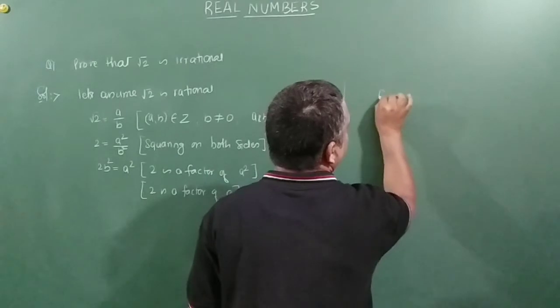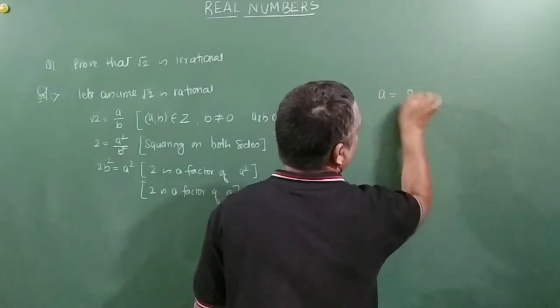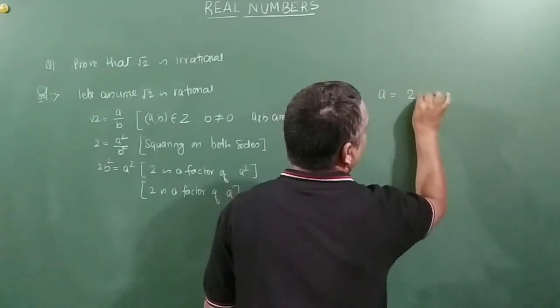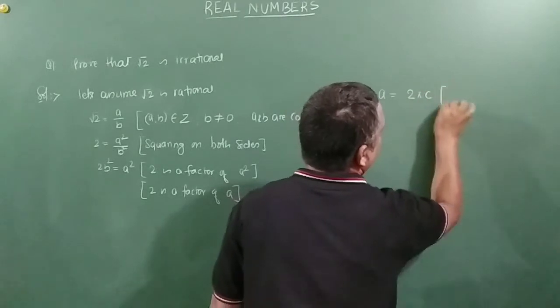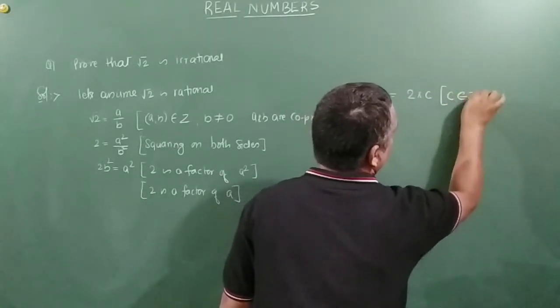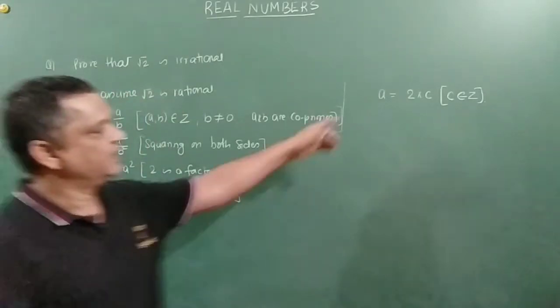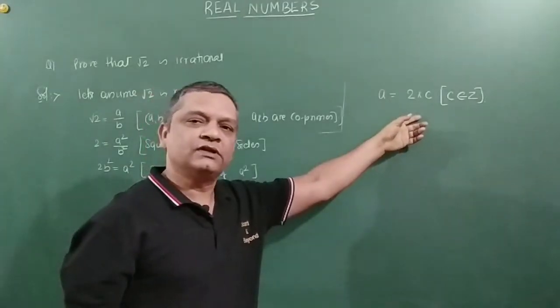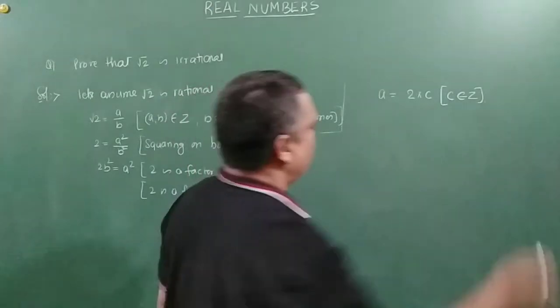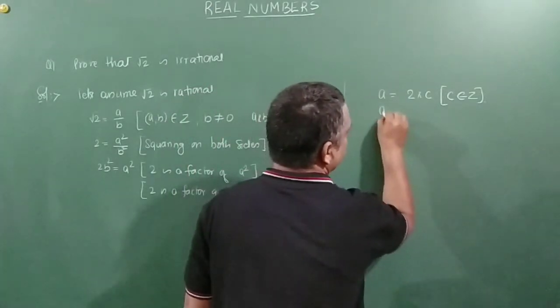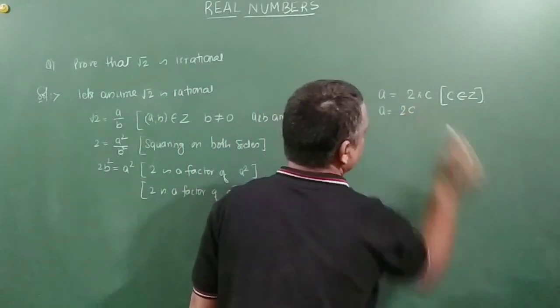So can we write a is a multiple of 2, so 2 into, let us say, some integer c, where c belongs to integers? Any confusion? I don't think you should have it. So a is equal to 2c.